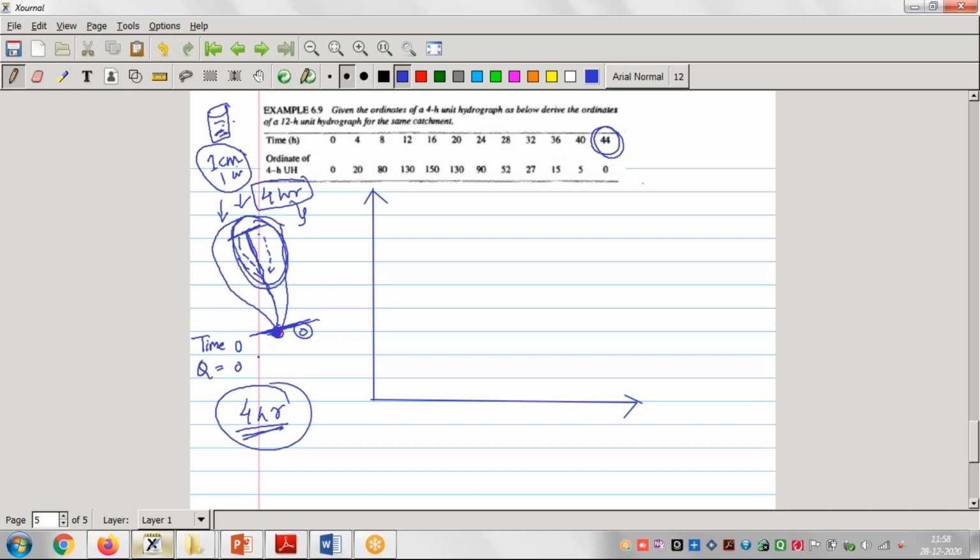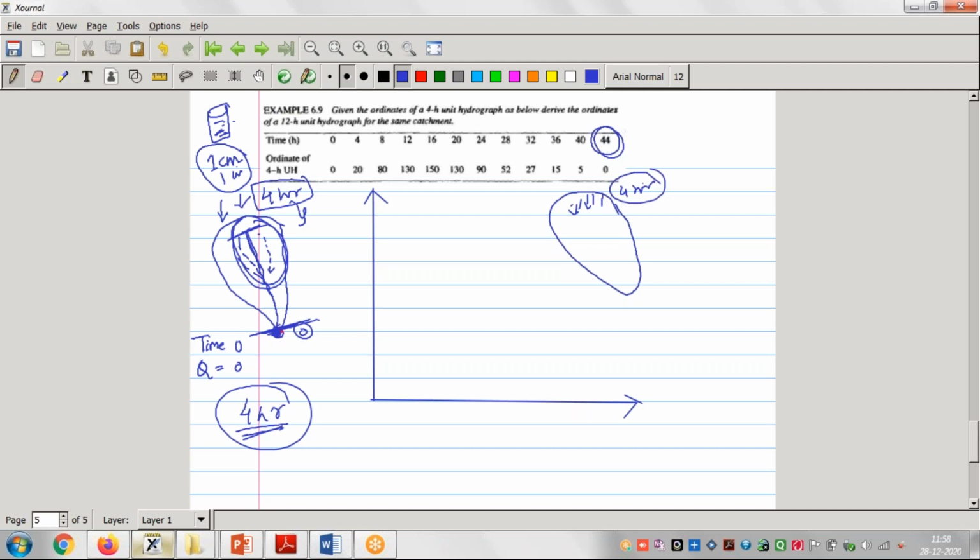But after 4 hours, this discharge will be collected for more than 4 hours, because see, this is say my catchment, right? Rainfall is started, and after 4 hours this rainfall is stopped, right?